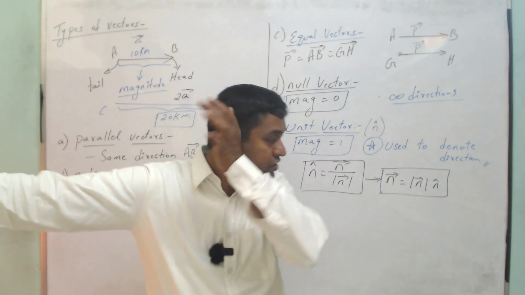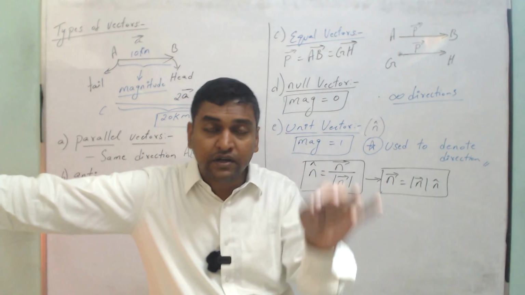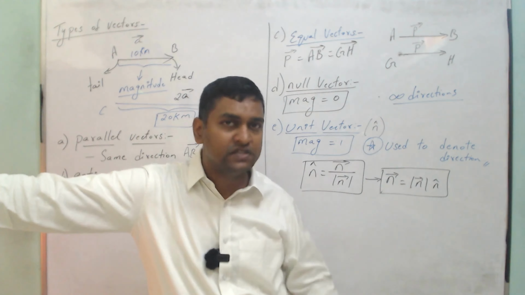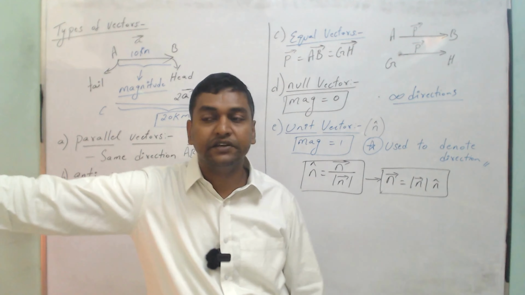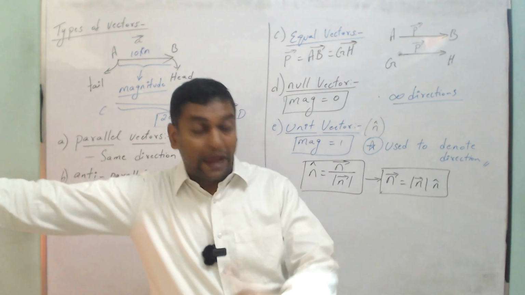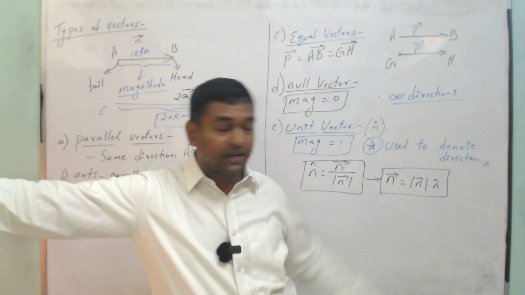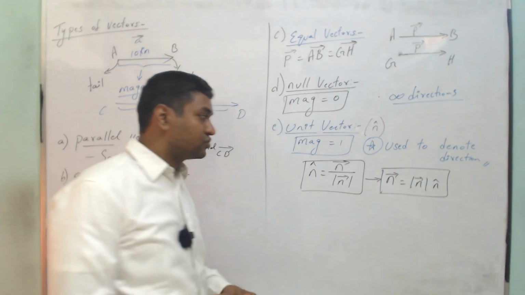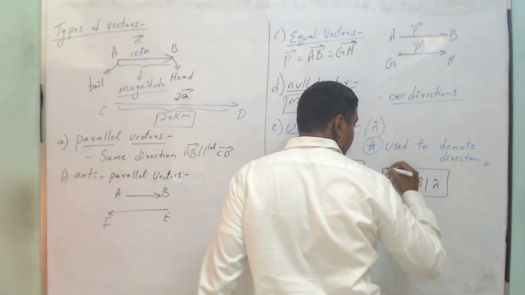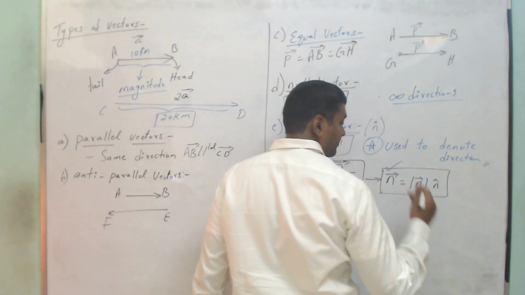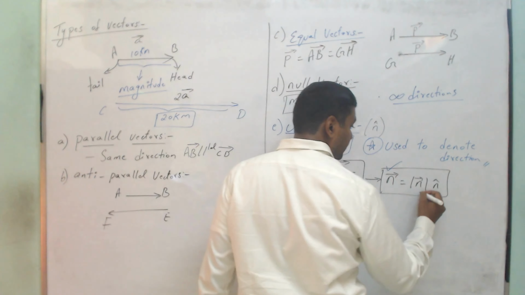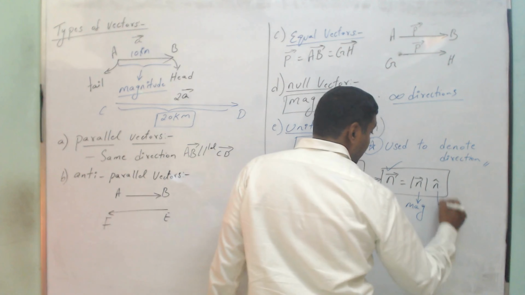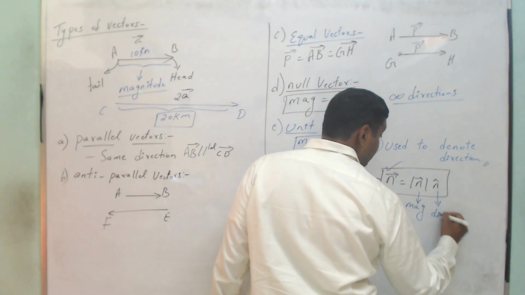We can use a unit vector to denote the direction of vectors because its magnitude is anyways 1. Is this clear? Okay. And if you look at this way of writing that vector, now I cross multiplied it and wrote it like this, so you can say a vector can be written mathematically as a product of its magnitude and direction.